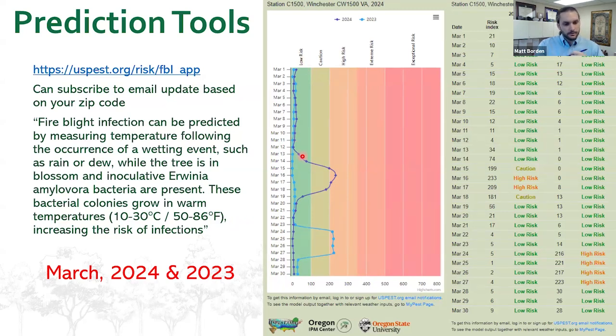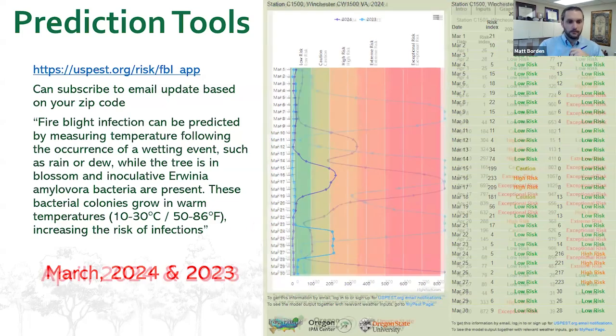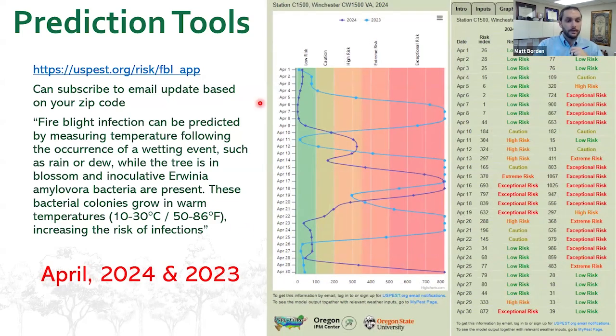So we saw some low to moderate risk of infection in middle of March 2024. Compare that with April, however, and you see there's extremely high risk of infection for much of April.